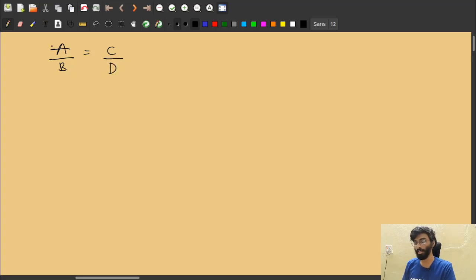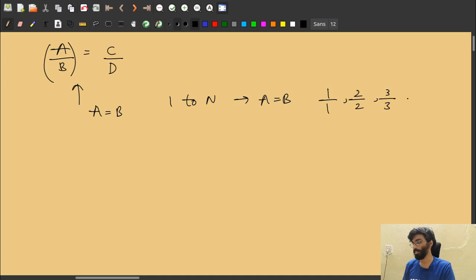Now we have to find the number of fractions where a equals b. So from 1 to n, there will be n such fractions where a is equal to b, which are 1 by 1, 2 by 2, 3 by 3, and so on till n by n. As a is b in this case, c should also be equal to d to maintain this equality.